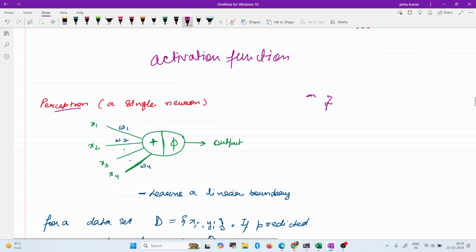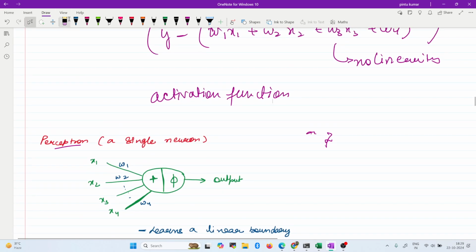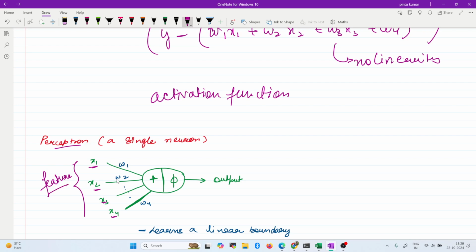So a perceptron calculation has two steps in it. Just try to relate it to whatever we discussed about linear regression. A perceptron will have some inputs, that is x1, x2, x3, x4. These are nothing but your features, right? And it will have only one output.